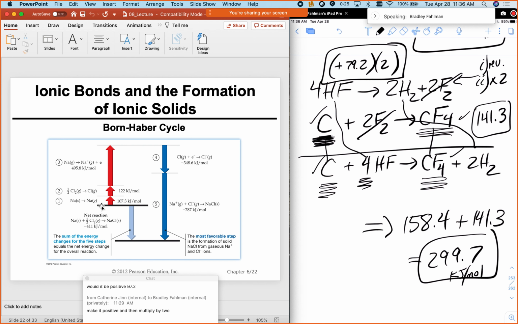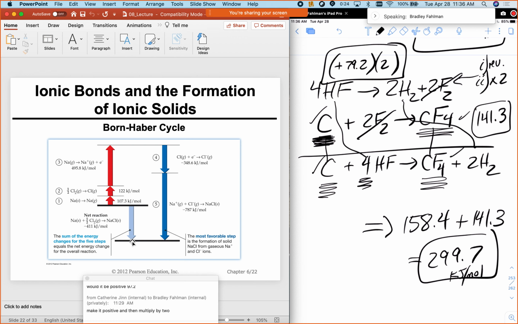In this case, how much energy does it take to form sodium chloride from its elements? This is the overall reaction where you've got sodium and chlorine to form sodium chloride. Overall it is exothermic, so minus 411. Again, you're looking at your final minus initial point.